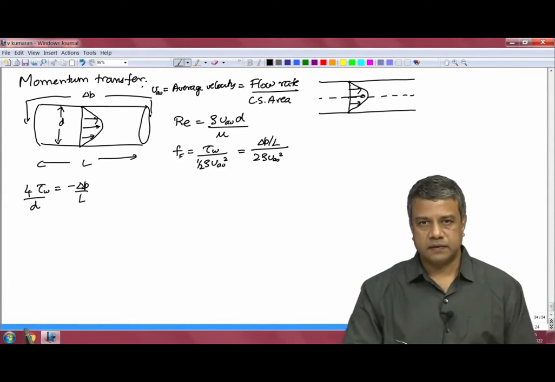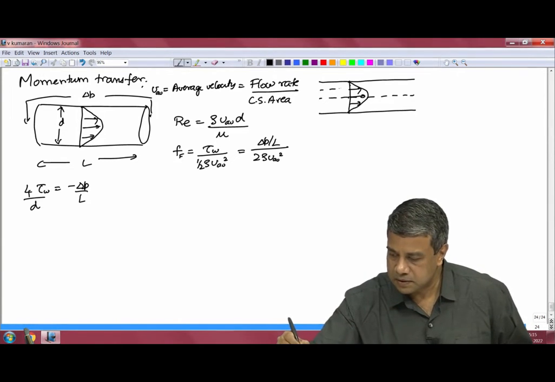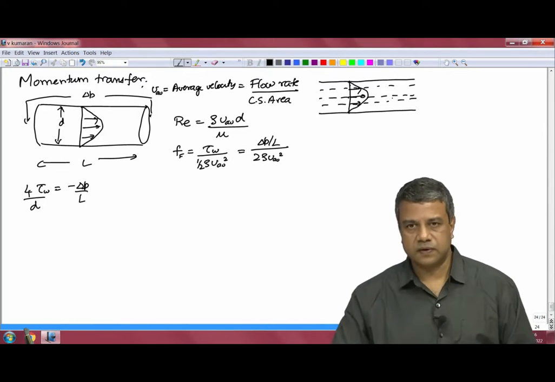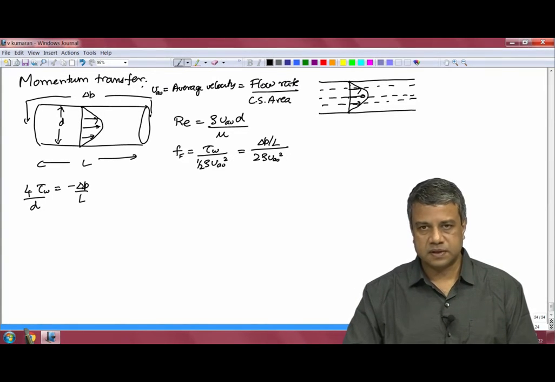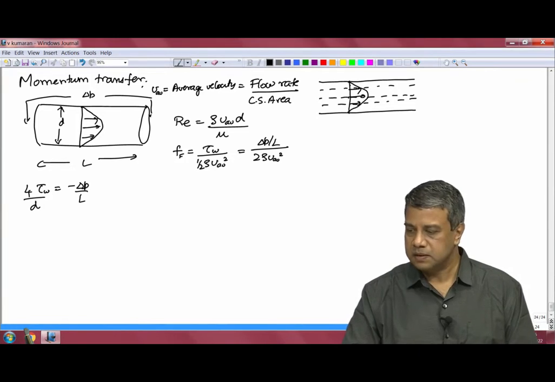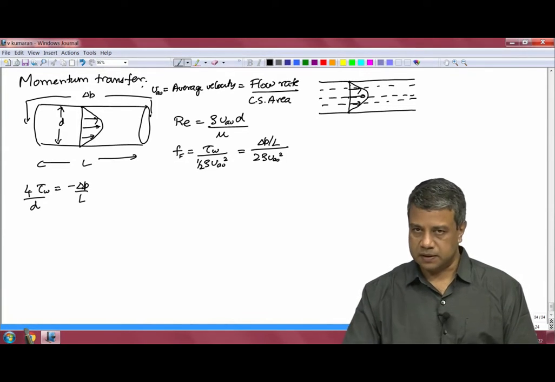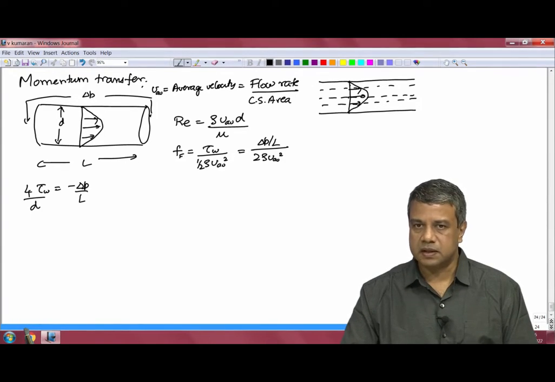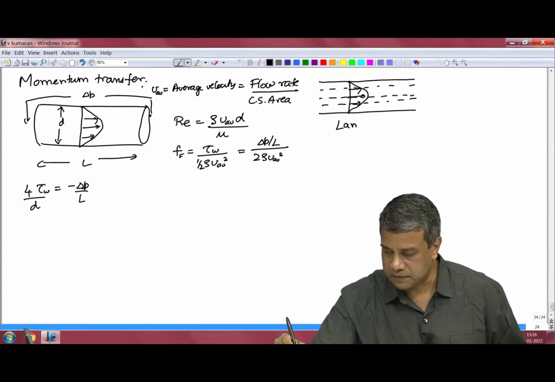The streamlines are all nice and smooth and straight, and there are no fluctuations in the fluid velocity. There are of course fluctuations in the molecular velocity always, but the fluid velocity does not have fluctuations in the direction perpendicular to flow, which means that transport in the direction perpendicular to flow has to happen necessarily due to diffusion, and that is what is called a laminar flow.